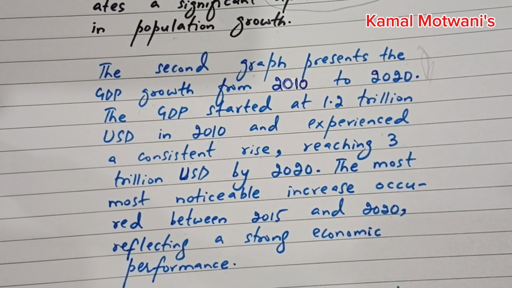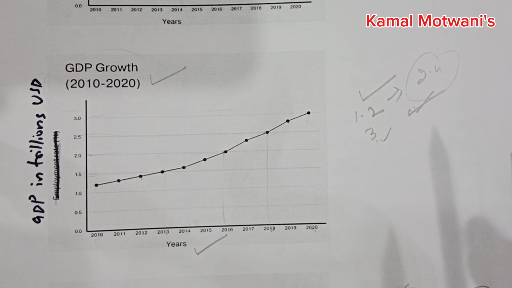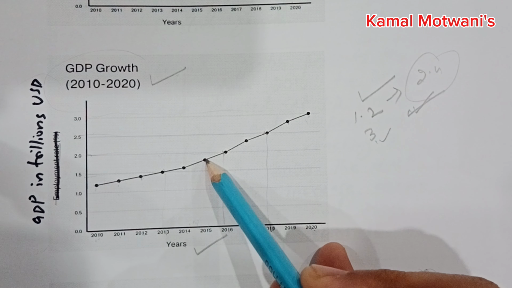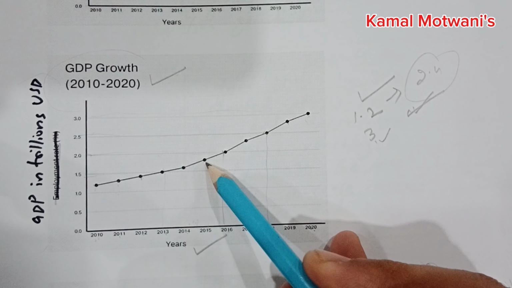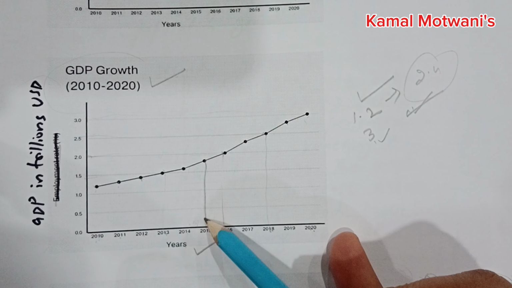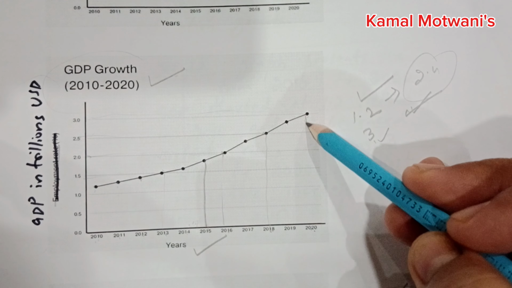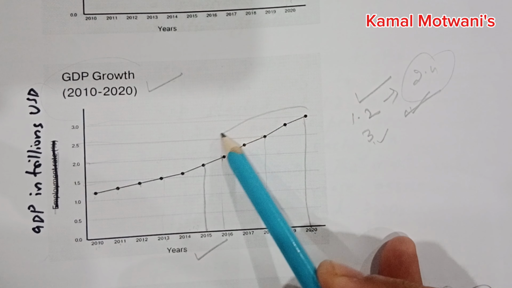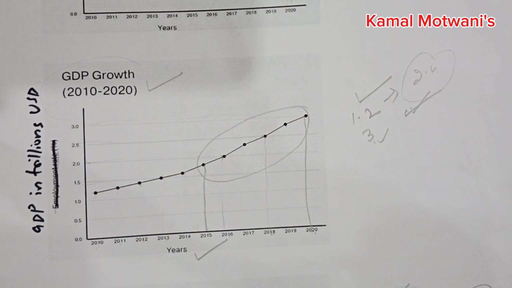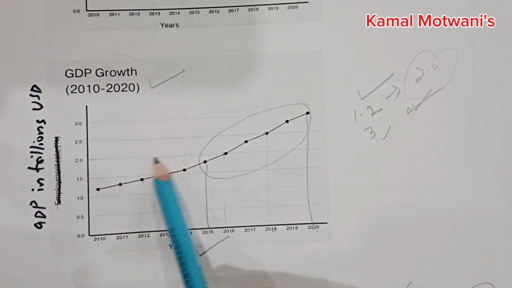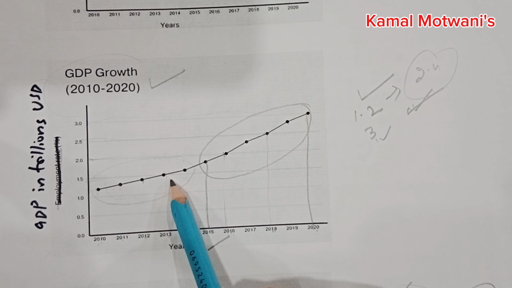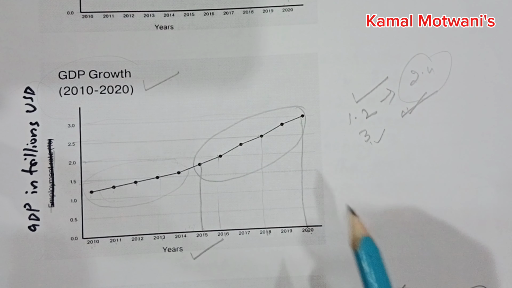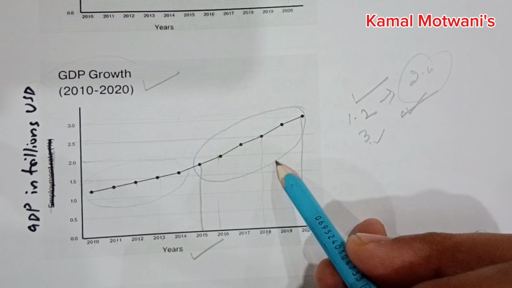You see, from 2015, here is 2015, and here is 2020. Now you can see how fast this graph has gone upward. You can measure this one. This has not gone that much faster, but this has gone at the fastest pace, you can see.